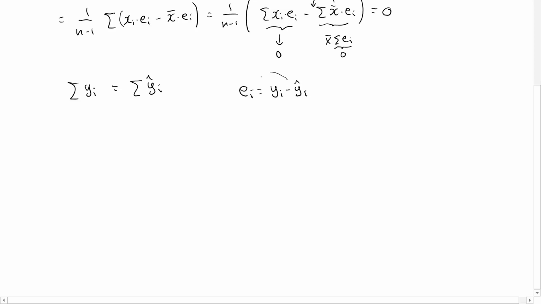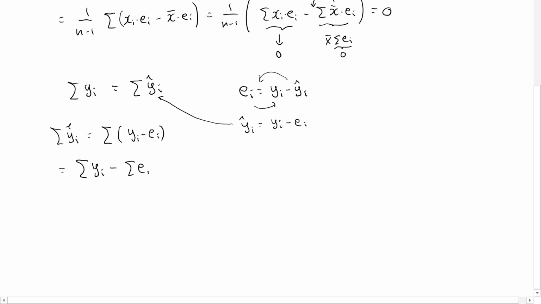If I move this over here and this over here, we have yi hat is equal to yi minus ei. So if I use that here, we can see that the summation of fitted values is the same thing as summing yi minus its residuals, and that I can divide up into two sums. And I know that this is 0, so this comes out to be the same as summing the y values.